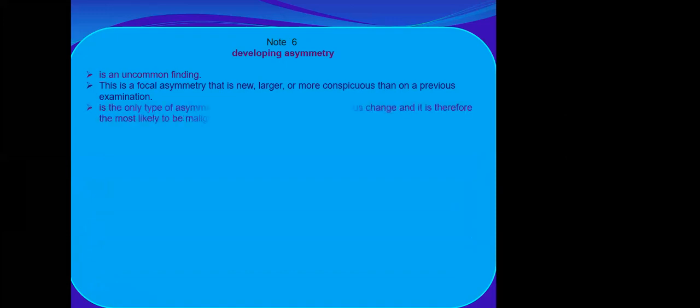Just to remind you, developing asymmetry is an uncommon finding, becoming focal asymmetry, new, larger, or more conspicuous than previous, but remember it can be seen in only one view, not always in two views, and it has undergone suspicious change, and is therefore most likely to be malignant.